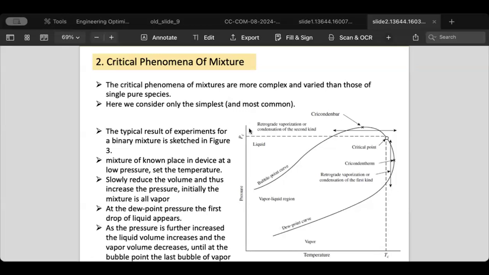Once the pressure is above Pc and we increase the temperature, first it reaches the bubble point and then enters VLE, and then again we pass the bubble point curve. So there are two bubble points in this case.